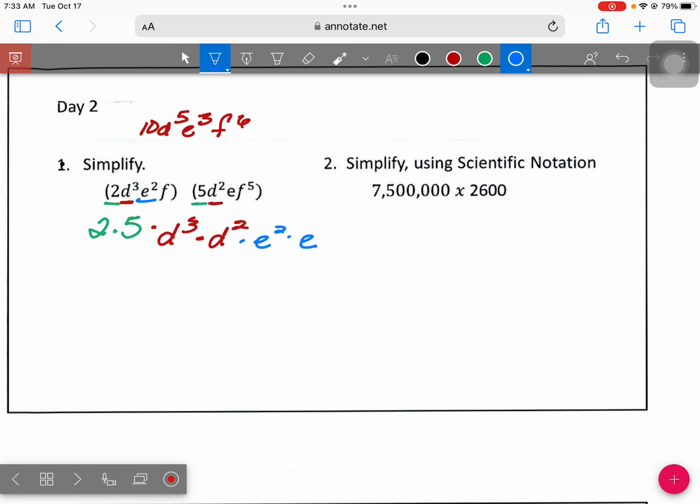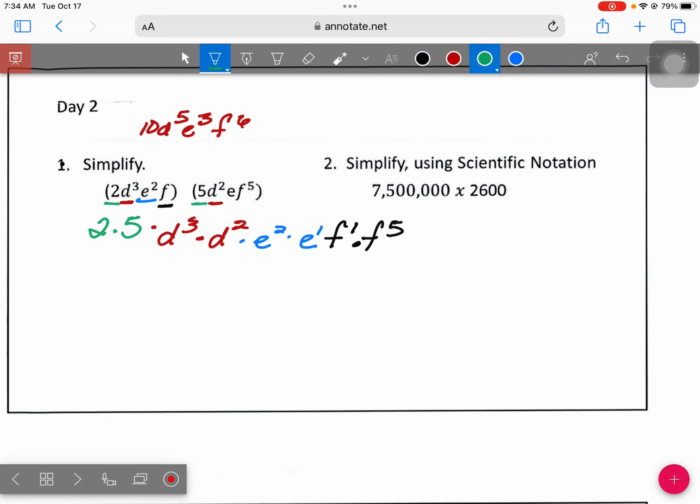E doesn't have an exponent, so what should I do? Put a 1 on it. Oh. Did I do that yesterday for you? Yes. Okay, just want to make sure you don't want to miss out on that. Oh, there's an f, no exponent. Put a 1 on it. There you go. Times f to the 5th.